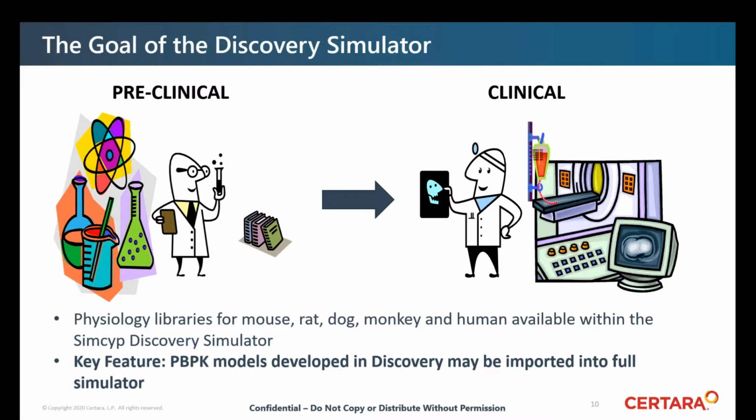By that, I mean that human models developed in Simcyp Discovery may be imported into our full simulator. So the PBPK models developed very early on in drug development can then be reused and support the decisions later in development.